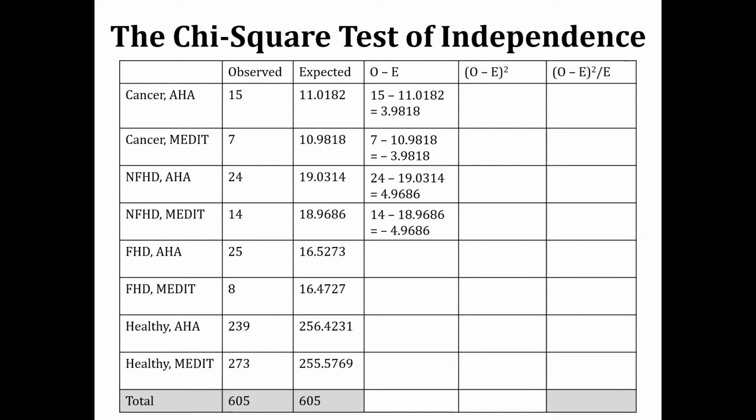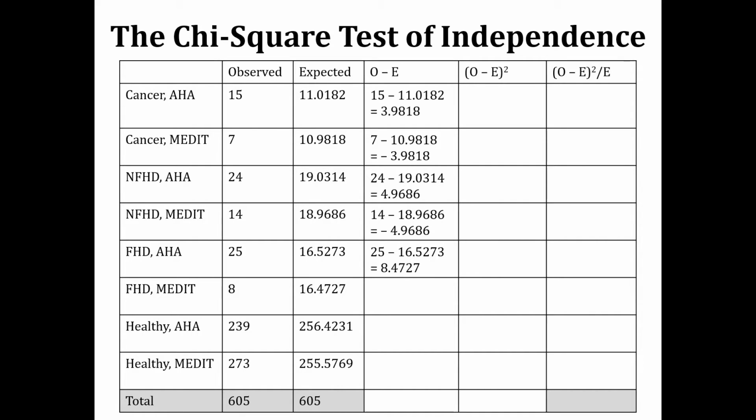And then for the next cell, this is non-fatal heart disease on Mediterranean diet. The observed frequency is 14 and the expected frequency is 18.9686, and the difference is minus 4.9686. The next class is the fatal heart disease on AHA diet.